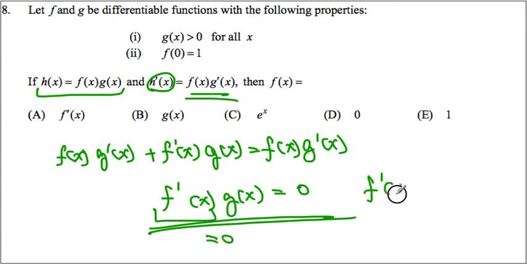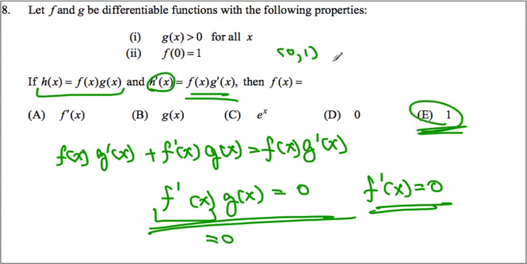So f prime of x must be equal to 0. That means this one has horizontal slope while f of 0 is equal to 1. That means it has to include this point (0, 1), and it's a horizontal line. Then f of x equals 1, meaning y equals 1. That horizontal line becomes our equation. So choice E becomes our answer.